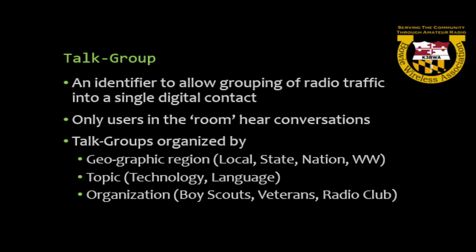In addition to that, for the state talk groups, if I'm in the 3124 talk group, I'm having my conversation with others across the state of Maryland. There may be another conversation going on from Virginia statewide, but that's in a separate talk group.